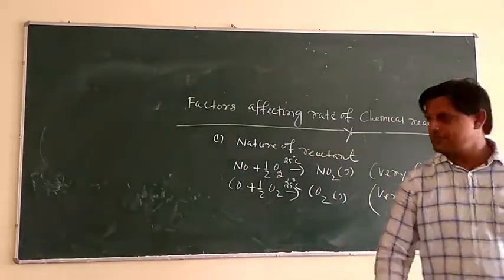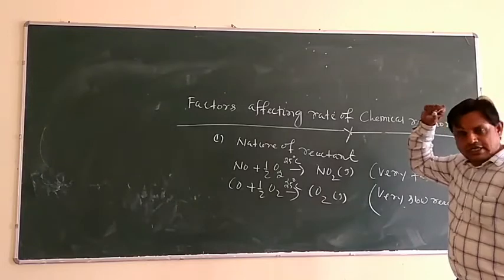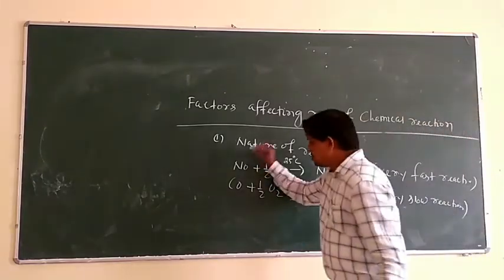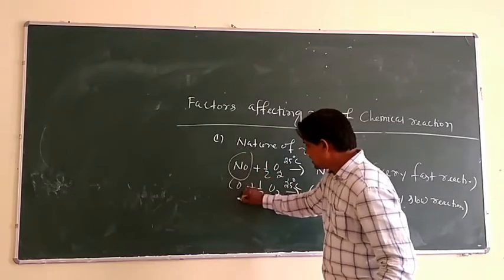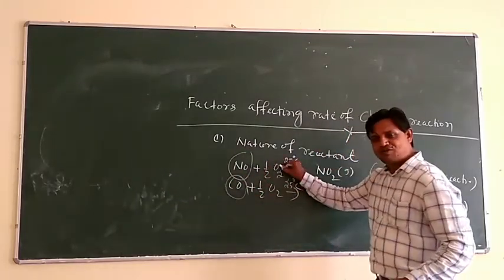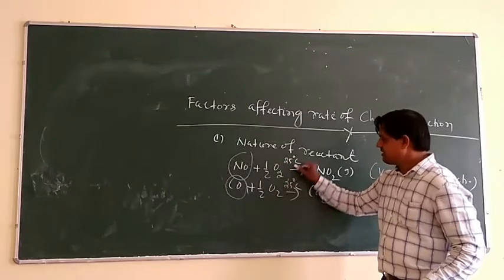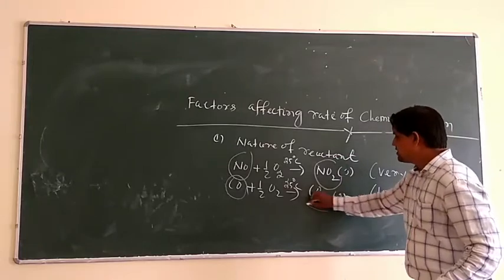But this is very fast reaction, this is very slow reaction. And the difference is due to the nature of reactant. First, we have taken NO. In second category, we have taken CO. But we are adding O2. Temperature is same. In this case, you are getting NO2 and you are getting CO2.